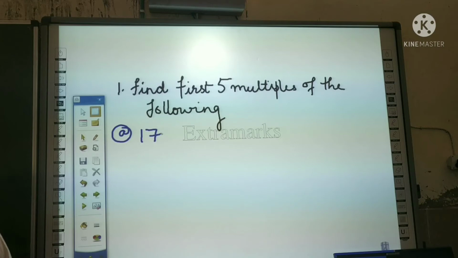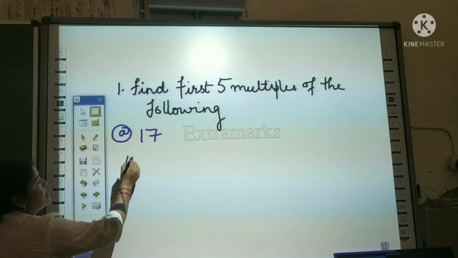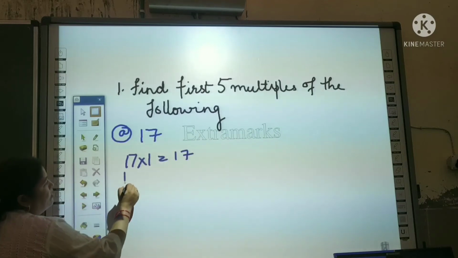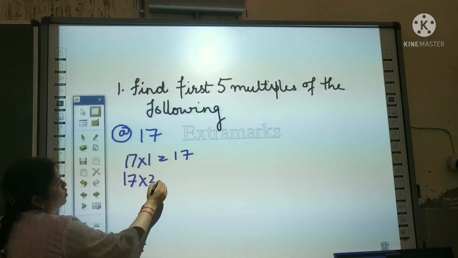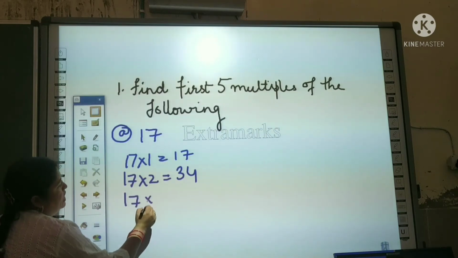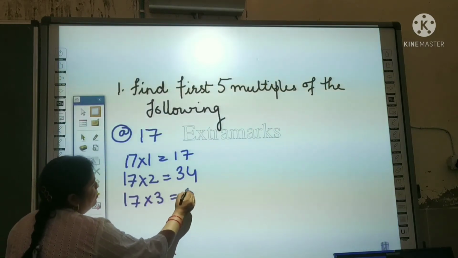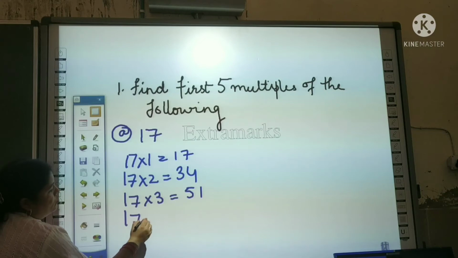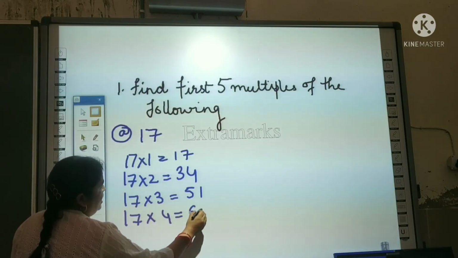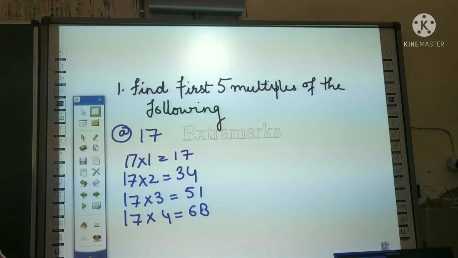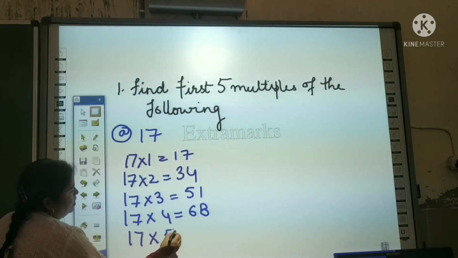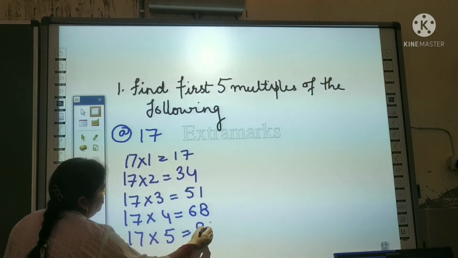Good, very good. 17 का टेबल लिखते हैं. 17 into 1, that is 17. 17 into 2, that is 34. 17 into 3, that is 51. 17 into 4, how much? 68 and 17 into 5, that is 85.